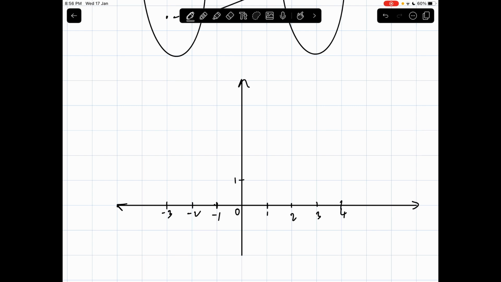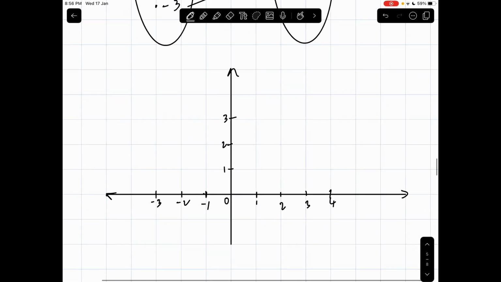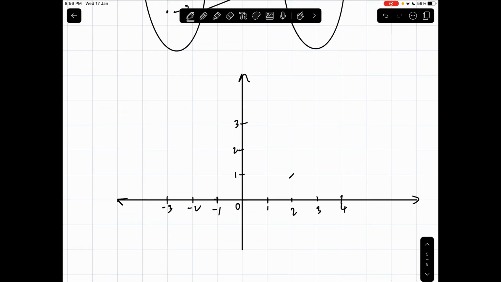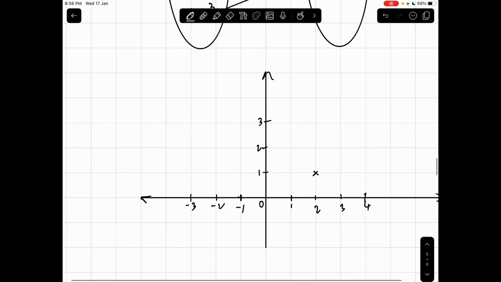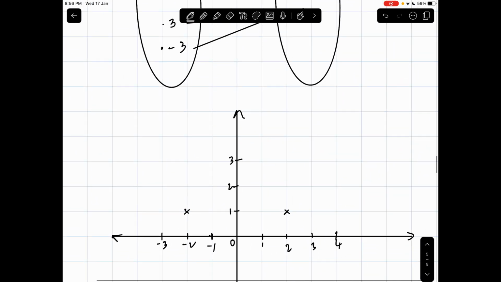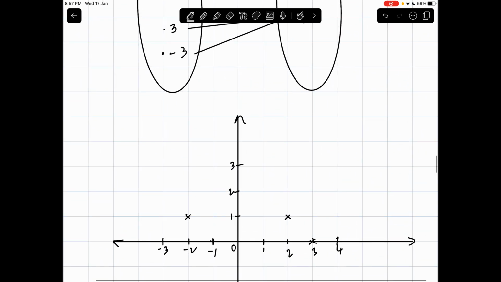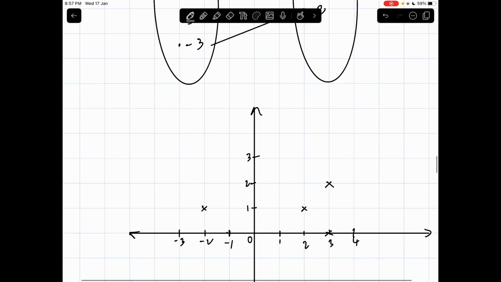Then 1 here, 2 here, and 3 here. So if we were to plot it, when x is 2, y is 1. When x is -2, y is 1. Then when x is 3, y is 2. And when x is -3, y is still 2.